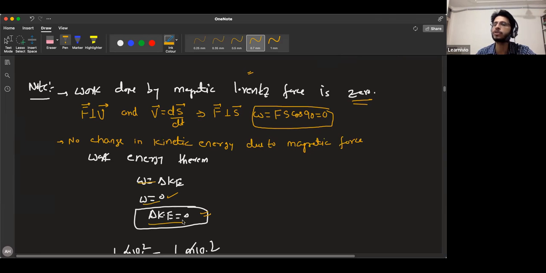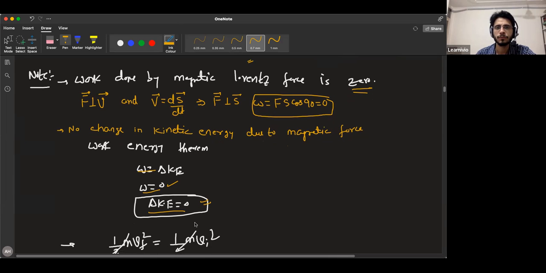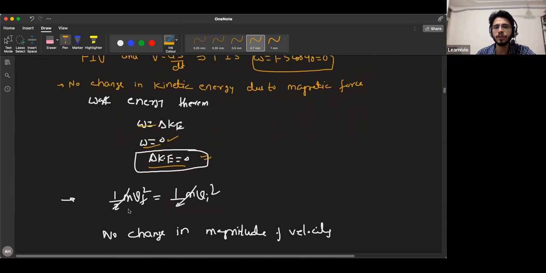Work done is 0, that means change in kinetic energy is 0. What is the formula for kinetic energy, Noha? Half mv squared. So kinetic energy is not changing, that means final and initial kinetic energies are equal. Half m will cancel half m, which means final velocity is equal to initial velocity. No change in magnitude of velocity.